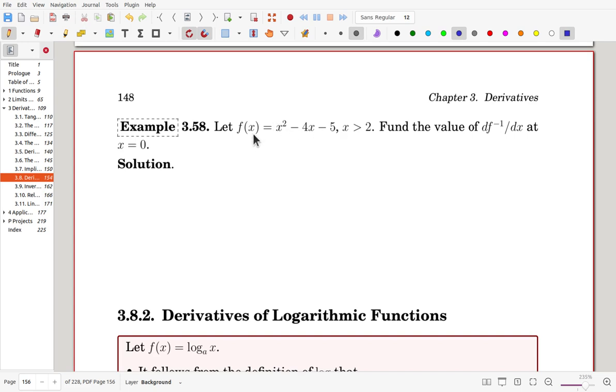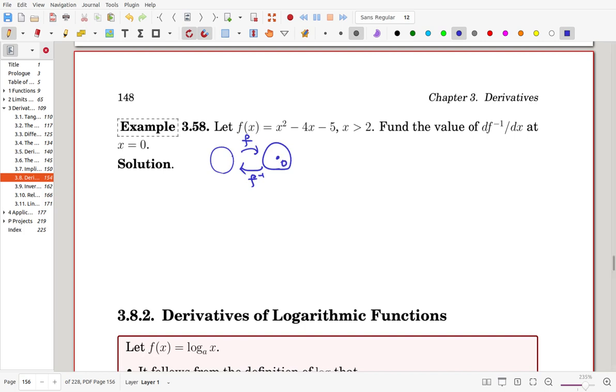In this case, it's an increasing function and has an inverse, and we have to find the derivative of f inverse at x equals 0. Now, if you are considering the domain of f and the range of f, then f goes in that direction. We have to find the derivative of f inverse at the point 0.